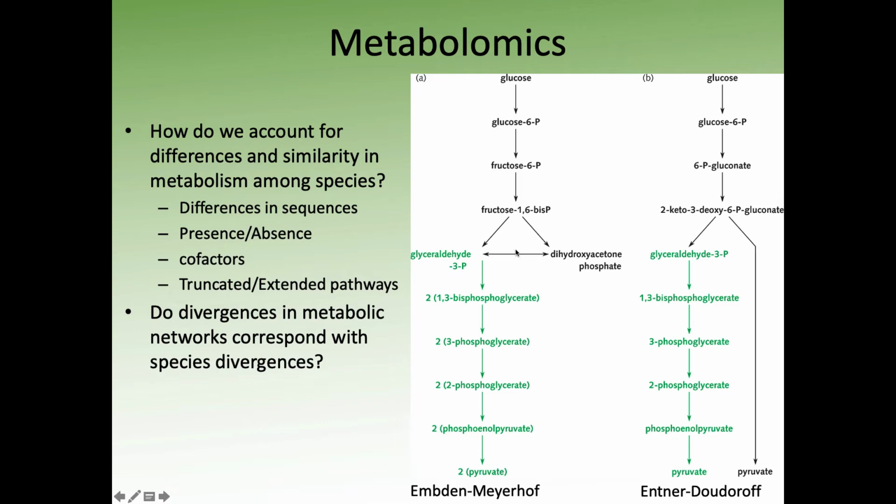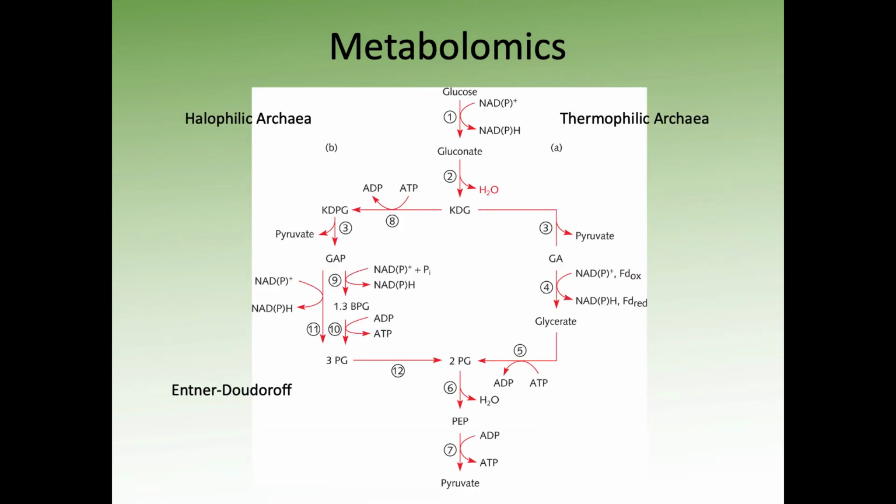These are not the same pathways. They have different players and different processes by how they get from point A to point B, but they're accomplishing the same task. And this is actually a great example of convergent evolution. We can even look more closely at the Entner-Doudoroff pathway, and we can even see differences within different archaea.